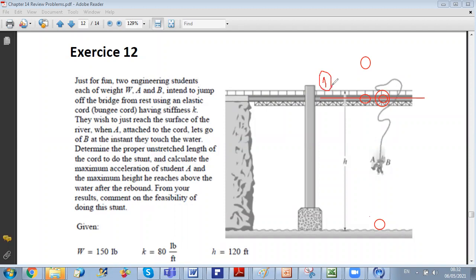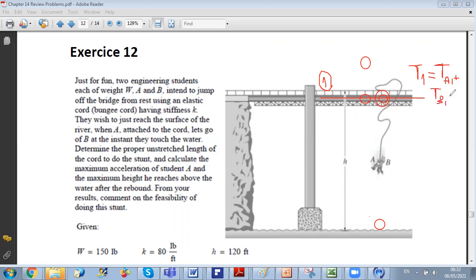In state 1, they are jumping from rest, so the kinetic energy T1 is equal to TA1 plus TB1, and both are jumping from rest, so it's 0. The initial kinetic energy of the system is 0.